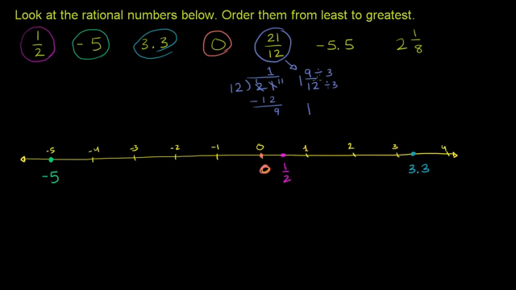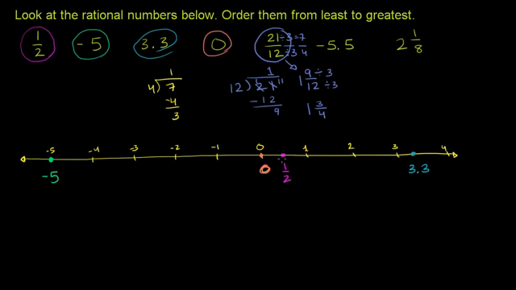We then get 1 and 3/4. Or I could have simplified 21/12 first: 21 divided by 3 is 7, and 12 divided by 3 is 4. So this is the same thing as 7/4. If you divide 4 into 7, 4 goes into 7 one time. 1 times 4 is 4, subtract, and you get a remainder of 3. 1 and 3/4.